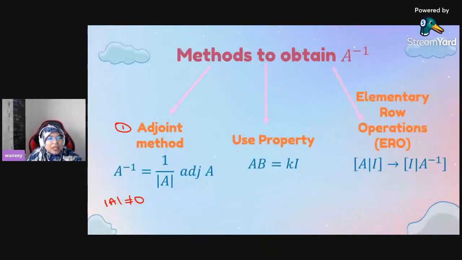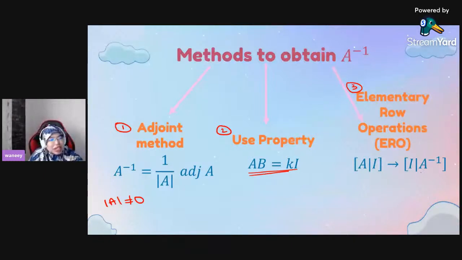The second one is by using the property AB equal to kI. So we are going to go through this one later on. And then the third one, the elementary row operation, ERO, where from the augmented matrix [A | I], after some row operations, we are going to change it to [I | A inverse].